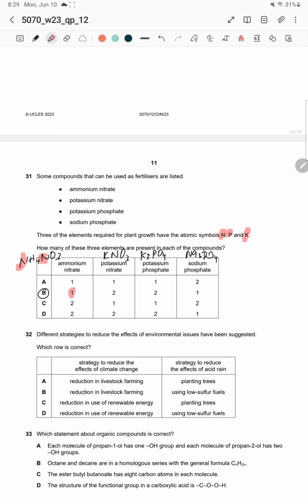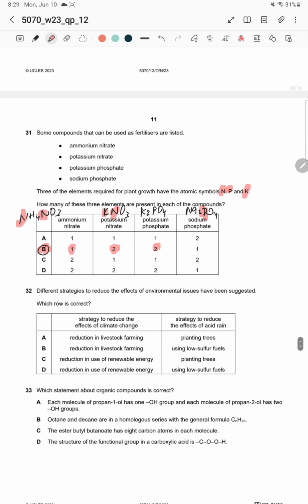Here N and K both are present, potassium and nitrogen. In K3PO4 again you have K and P, and then Na3PO4 has only phosphorus in it, so B is the right option.